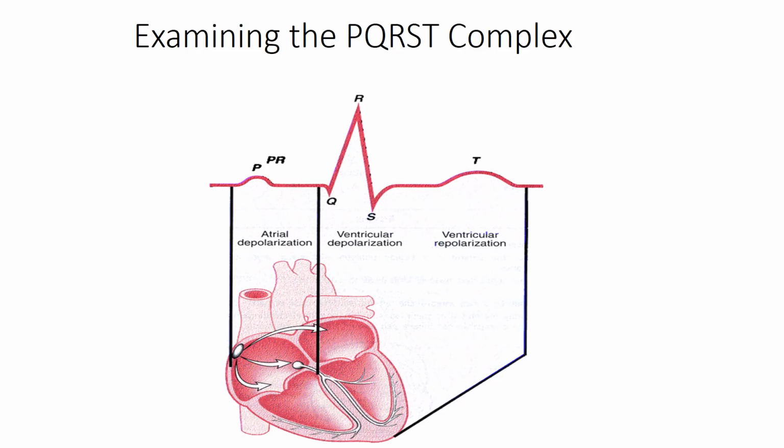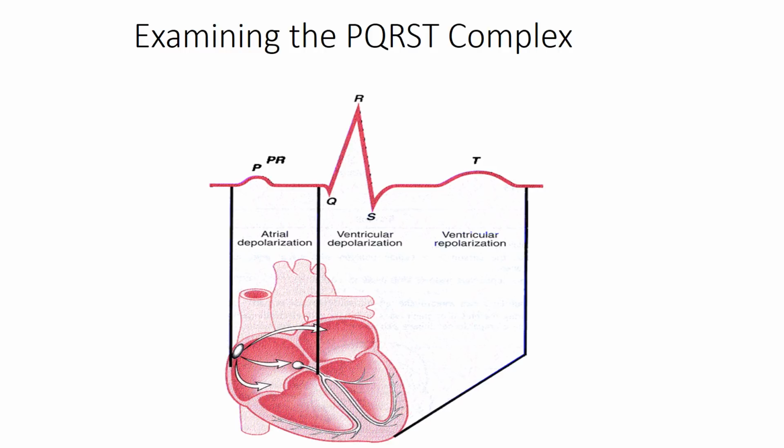So now that we know the correct intervals for the parts of the EKG complex, let's remember what each part of the complex represents. So remember, the vertical axis in this tracing is voltage. So a high peak means lots of voltage. A smaller bump means less voltage. And typically, a bigger part of the heart is going to have a lot more voltage when it's depolarizing than a smaller part of the heart.